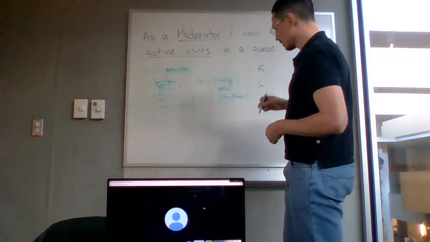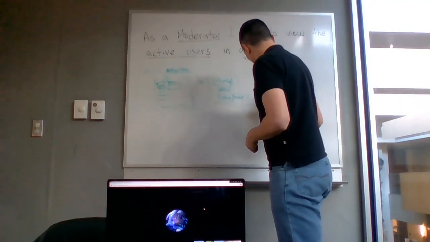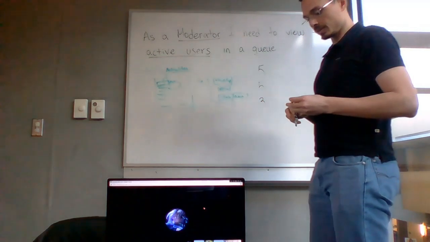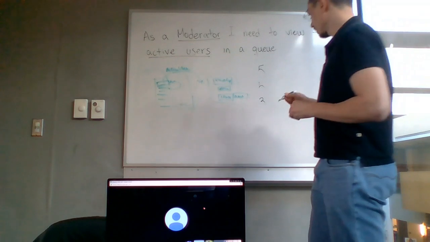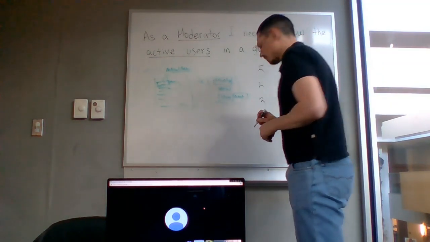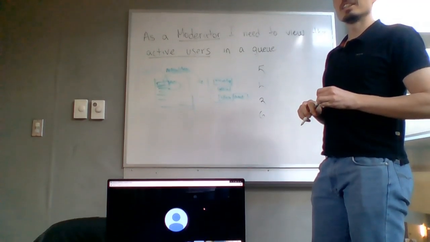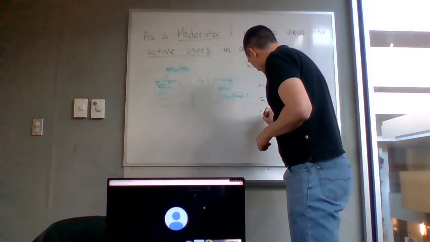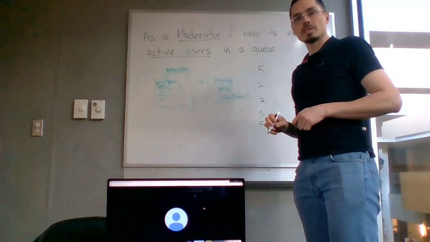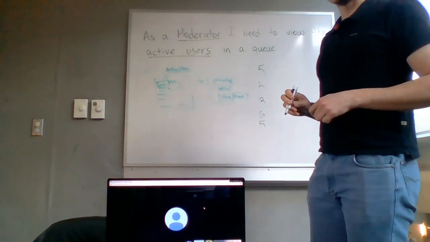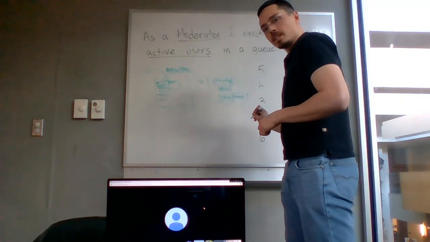Angelica? 3. Sophia? I think it's probably 6 hours. Okay, 6. Sijo? 5. And Priscilla? 6. Okay.